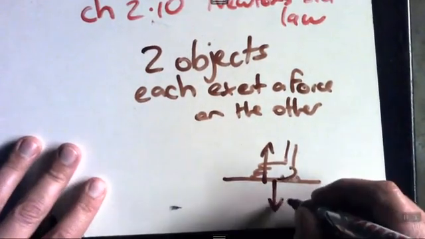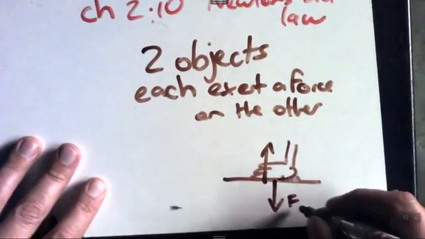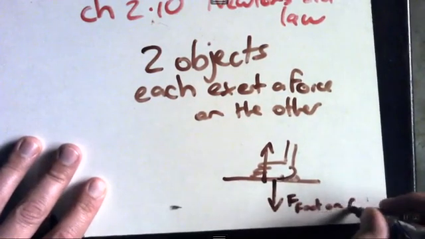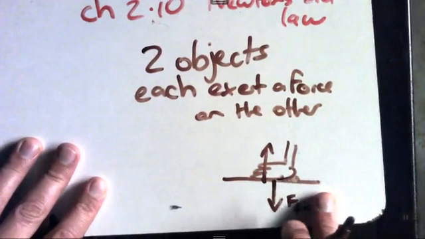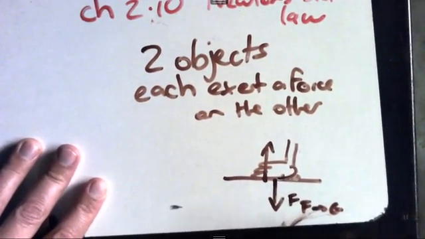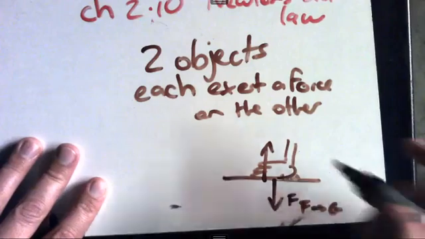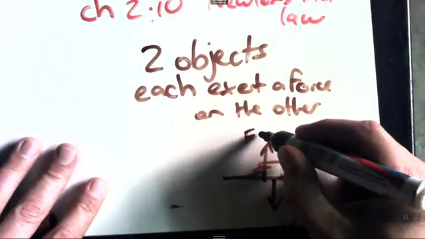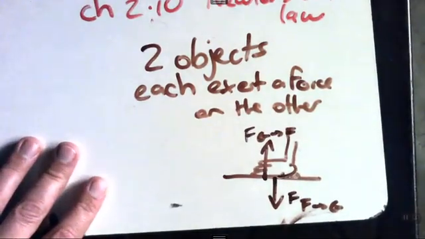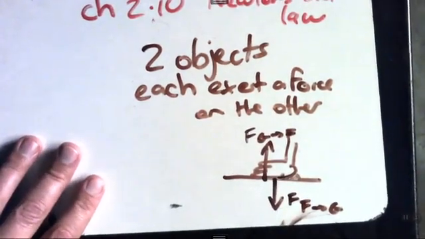So this is a contact force. Let's say force of foot on ground, or foot to ground. And then this would be the force of the ground on the foot. These forces need to be equal.